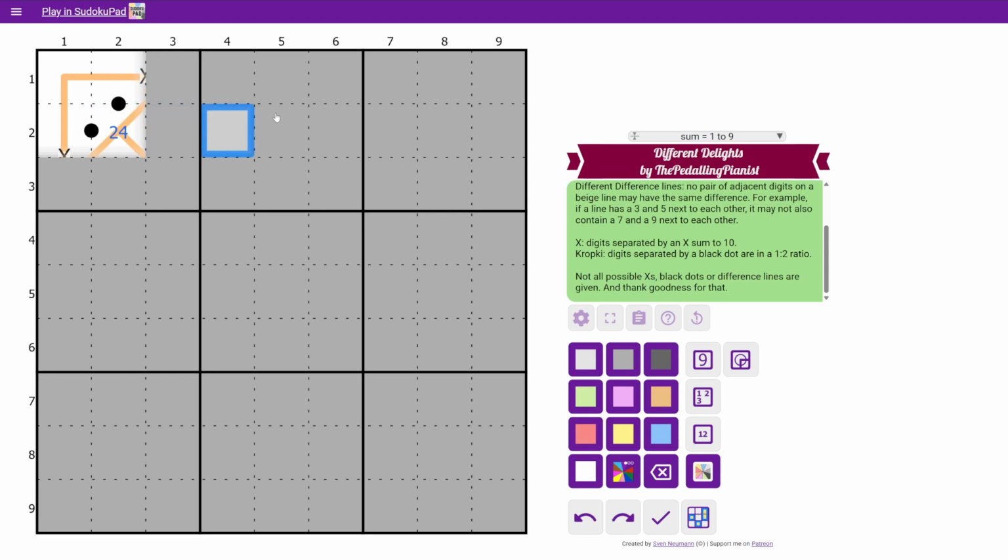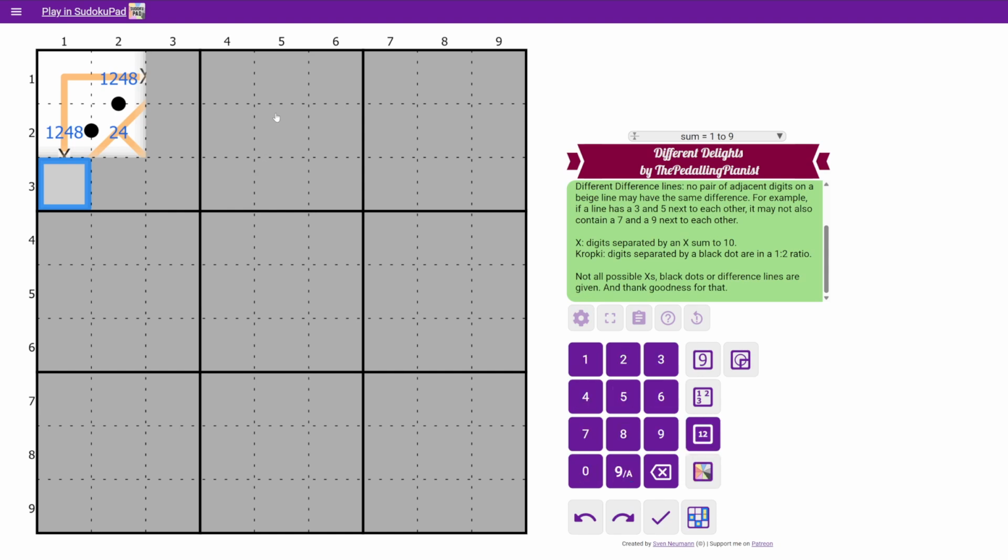So if they traveled elsewhere, then it could possibly be different numbers. But the outside ones are going to be 1, 2, 4, or 8. And then the middle one would be a 2 or a 4. So like this could be 1, 2, 4, or it could be 2, 4, 8 in some order or another.